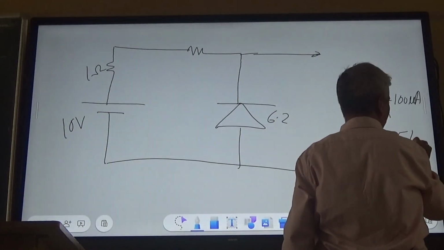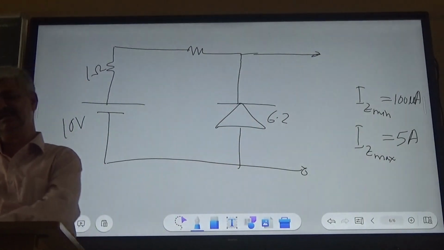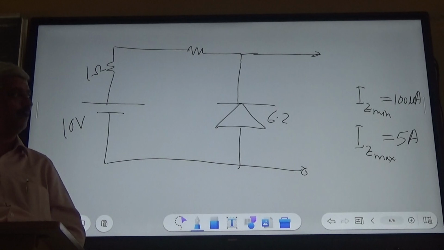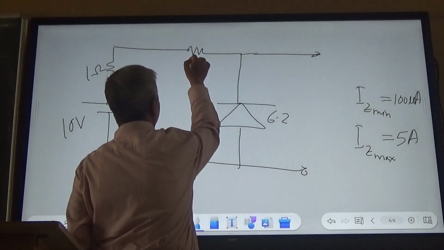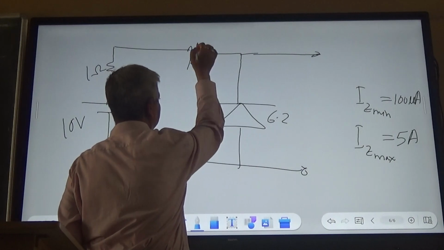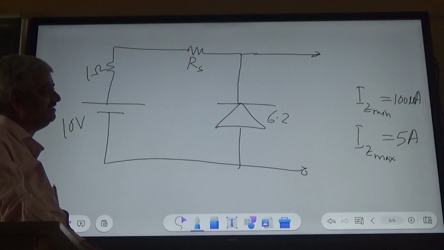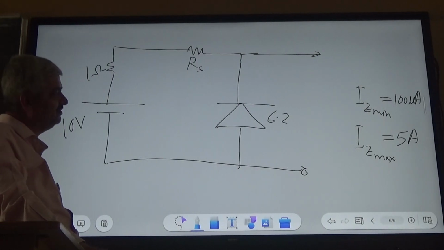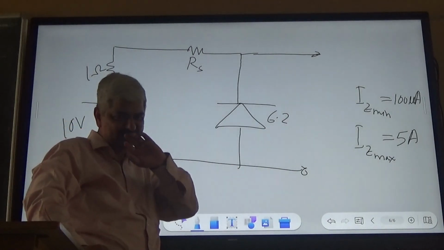Let us say IZ max is equal to 5 amps. So this RS is to be designed. What is the use of this Zener? It's very simple.